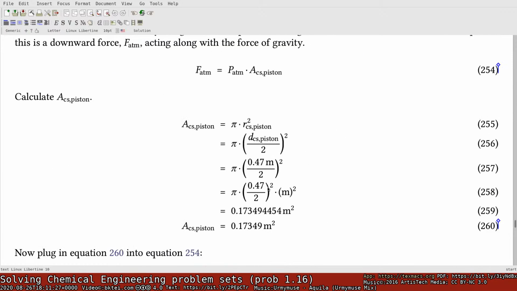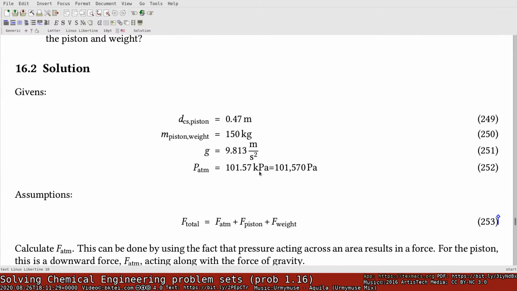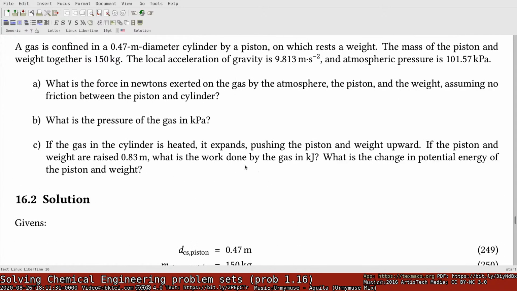Part C. The question was, if the gas in the cylinder is heated, it expands, pushing the piston weight upward. If the piston and weight are raised 0.83 meters, what is the work done by the gas in kilojoules? What is the change in potential energy of the piston and weight?